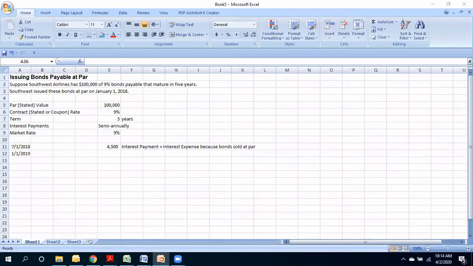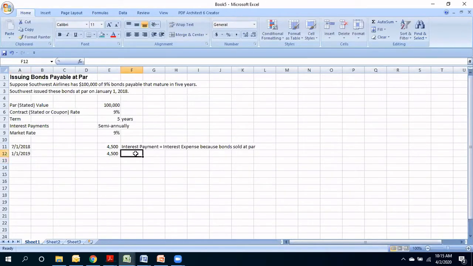I don't want you to worry too much about that. What I want you to focus on and understand is that when bonds sell at par, the interest expense is going to be equal to the interest that is paid. That's the important thing. So we're going to make the interest payments of 4,500.